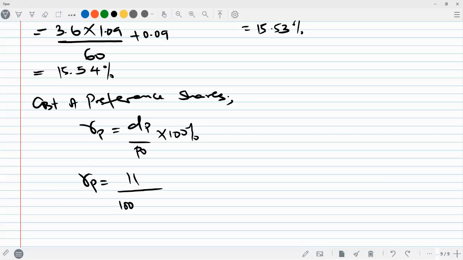However, if they are to be floated, that is, issued in the market, then the net amount to be received is going to be reduced by 5. Therefore, you need to net off the flotation cost.